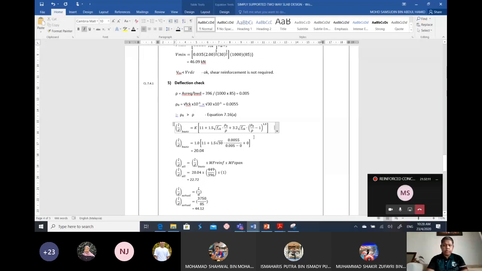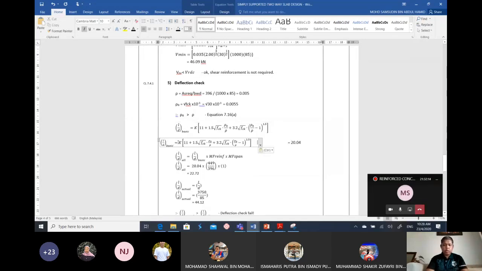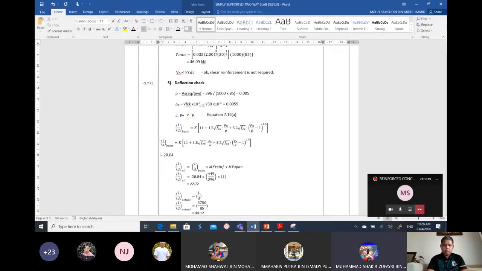Okay, here is a question for 7.16 A. The K value is referred to table 7.4N, right?